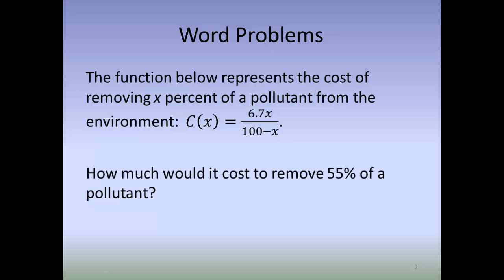Alright, for this one, how much will it cost to remove 55% of a pollutant? So I'm going to be looking at C of 55. Sometimes when we work with percents, we use decimals, but at this time, because it says X%, then X is actually the 55, just how it would sound, 55%, X%.